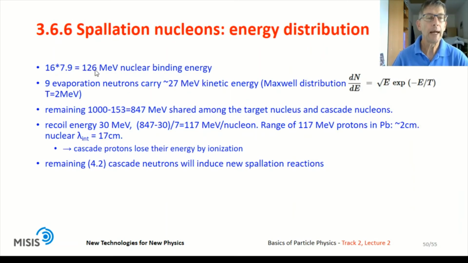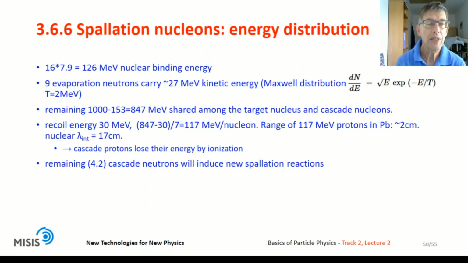So you can work out the nuclear binding energy, which is 7.9 MeV per nucleon in this particular atom, lead. And the 9 evaporation neutrons have very low kinetic energy because they're thermal neutrons, and that would be then approximately 2 MeV per nucleon, total 27 MeV.